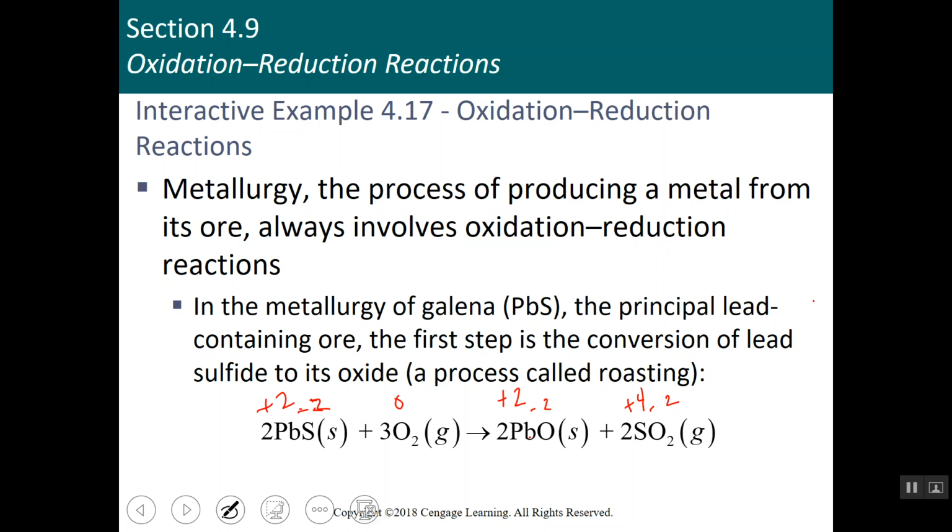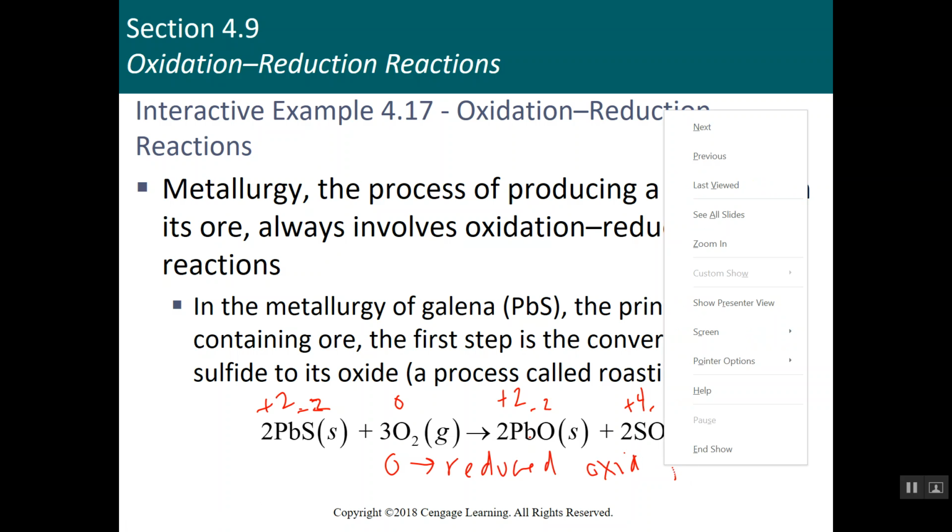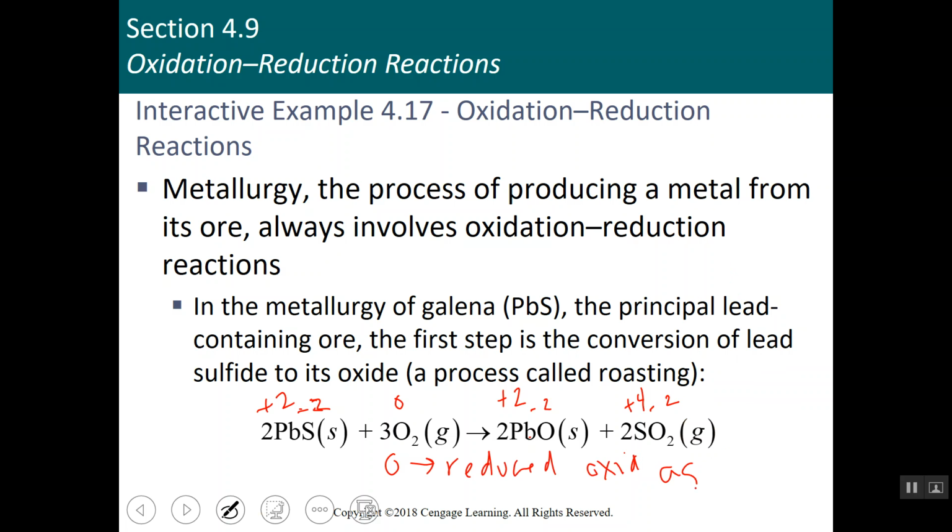On this one, oxygen did not stay the same on both sides. Oxygen went down in charge, so oxygen is reduced in this particular instance, and so it's the oxidizing agent. And then in this case, lead stayed the same, so we're not looking at lead, but sulfur.